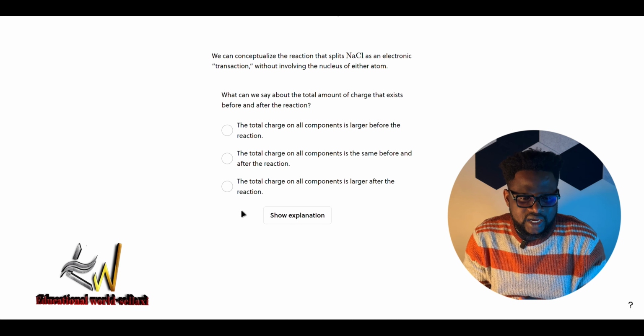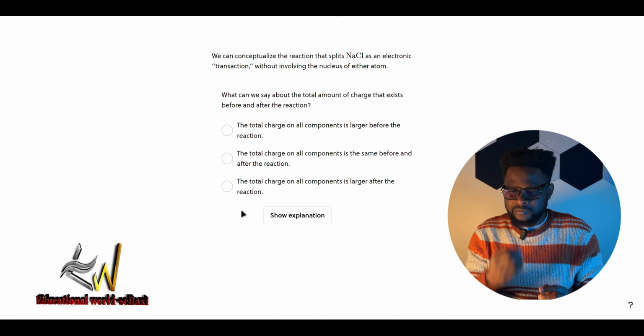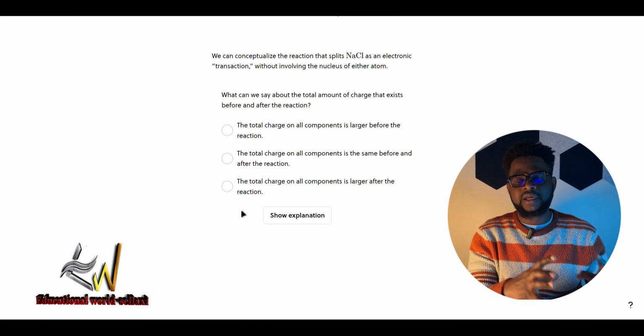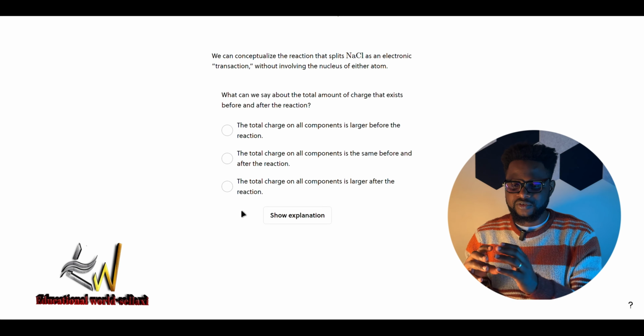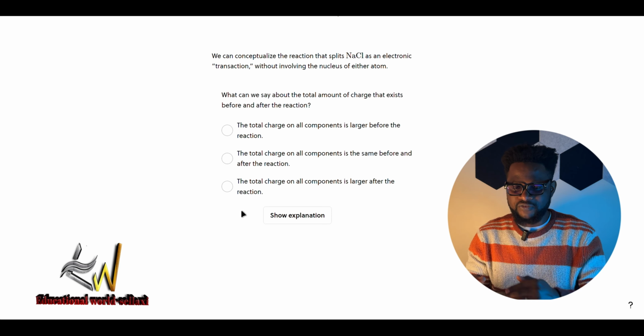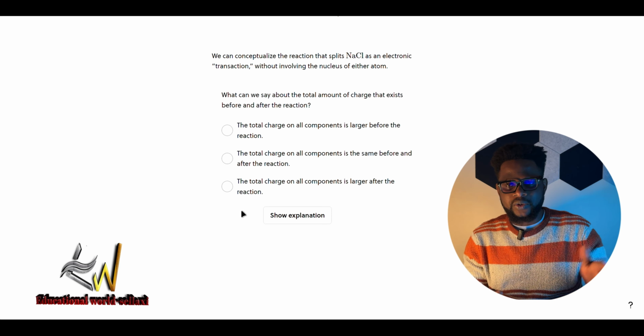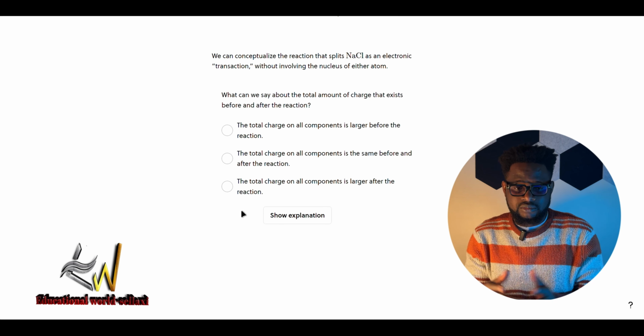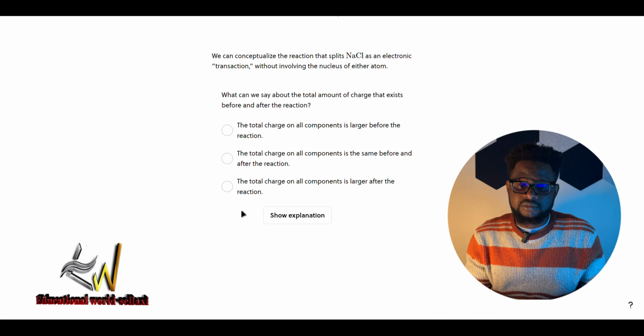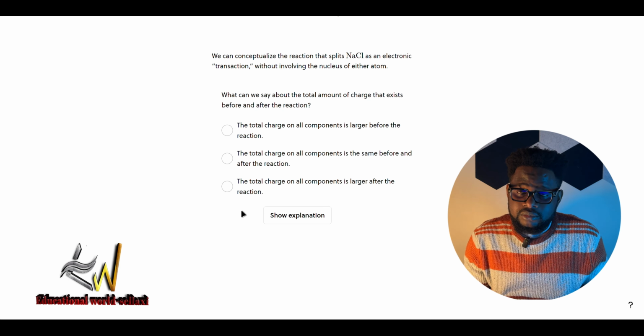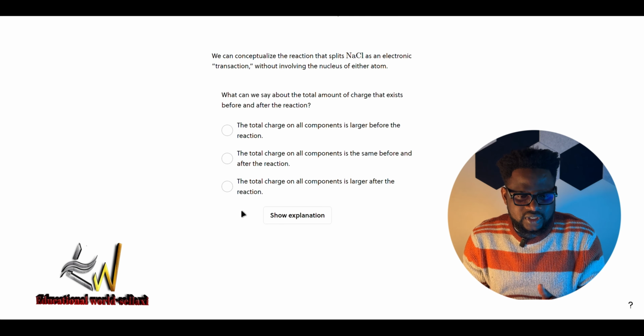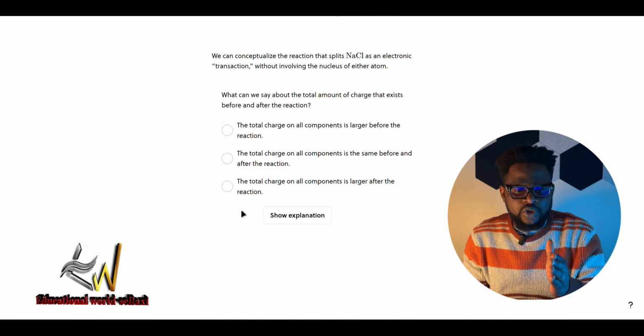What can we say about the amount of charge that exists before and after the reaction? We have sodium chloride as a whole, as a molecule, and when we split it into two, we have sodium ion and chloride ion. What happens to the total charge? The first option says the total charge on all the components is larger before the reaction.